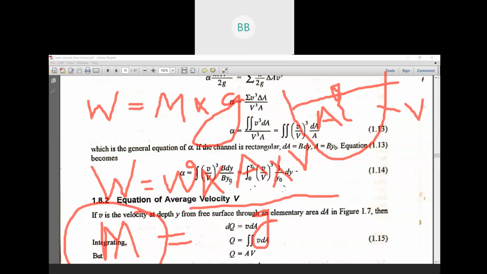Weight is nothing but specific weight multiplied by cross sectional area multiplied by velocity. Then if you divide this weight by acceleration due to gravity, you will get mass. It follows this equation: we all know weight is equal to mass into acceleration due to gravity.